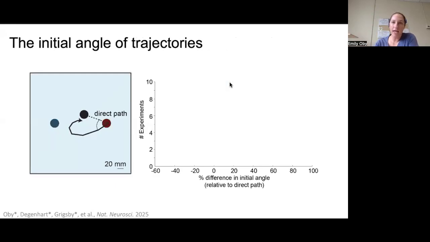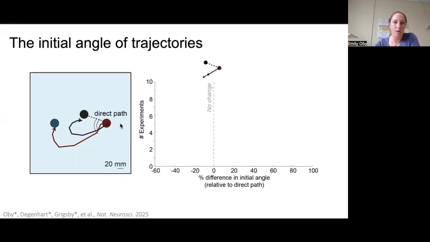So we quantified this effect by calculating the initial angle of the trajectories and comparing this initial angle to the initial angle of the red trajectory here, which is the one the monkey produced when he was just moving from the red target to the blue target. And we calculate this initial angle relative to the direct path, which is essentially the time reverse trajectory, slightly different, but qualitatively it doesn't matter exactly what we reference to, but we decided to reference this direct path for simplicity.